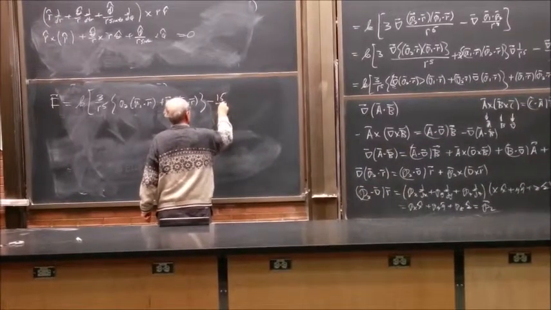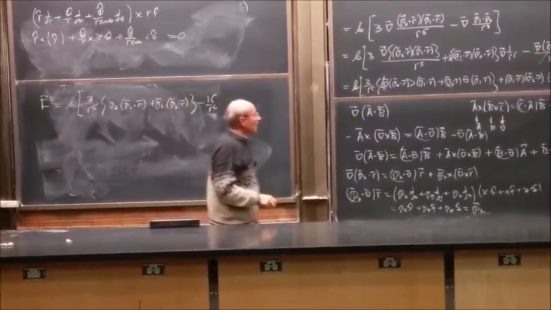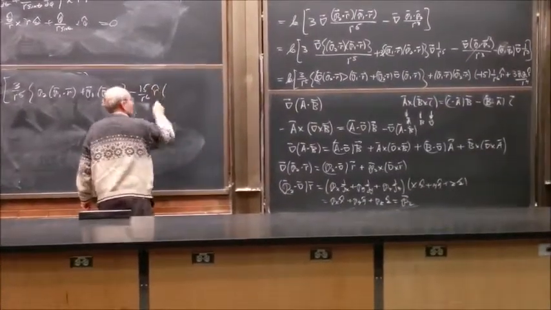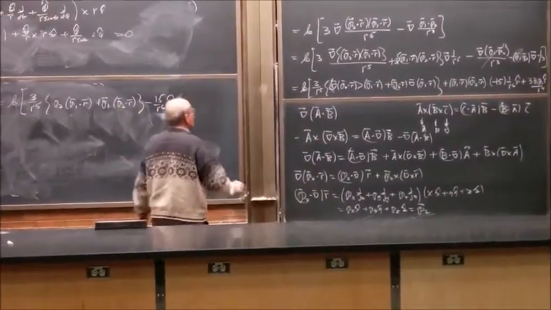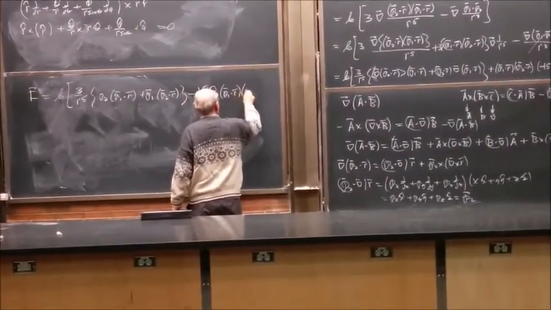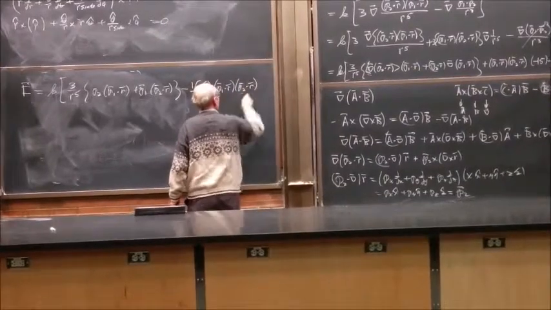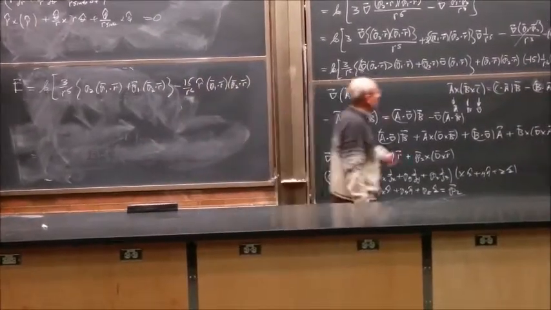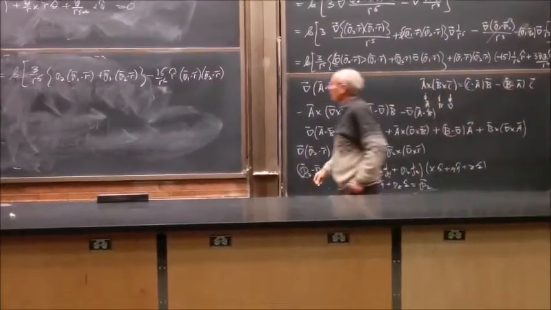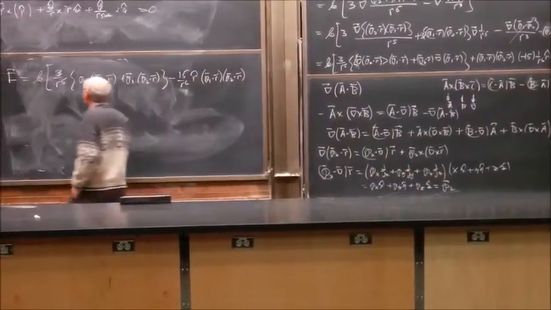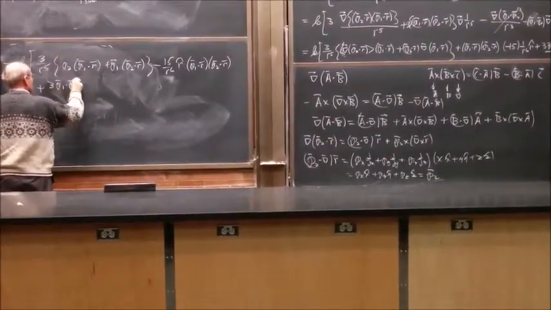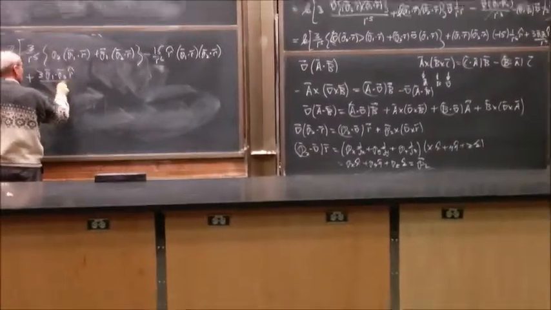Minus 15 over r to the 6, r hat times P1 dot r, P2 dot r. And lastly, 3 P1 dot P2 r hat over r to the 4th.